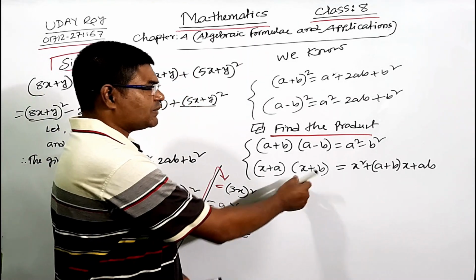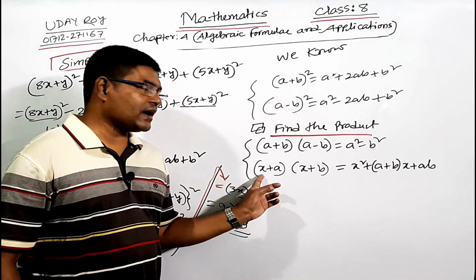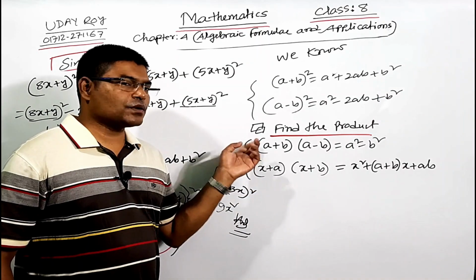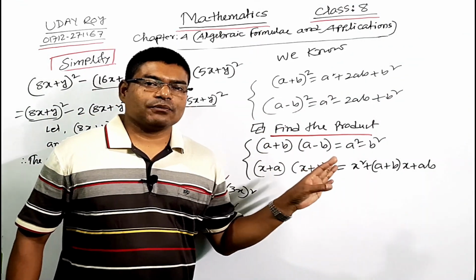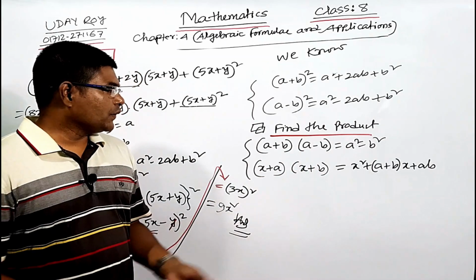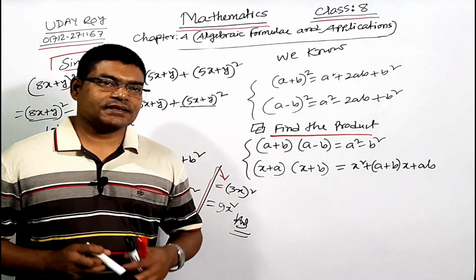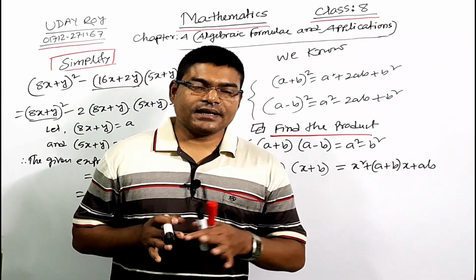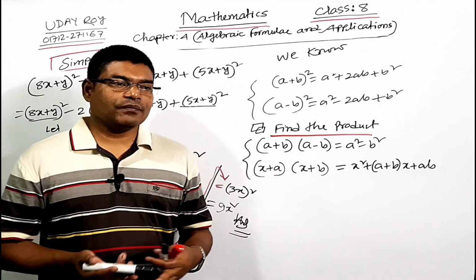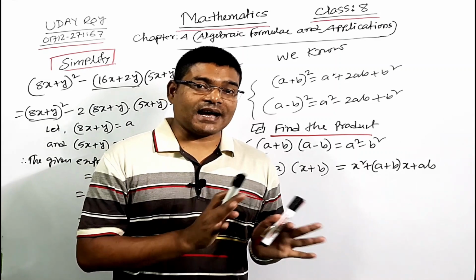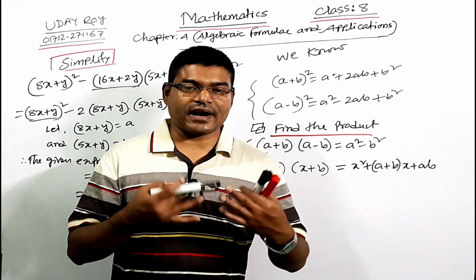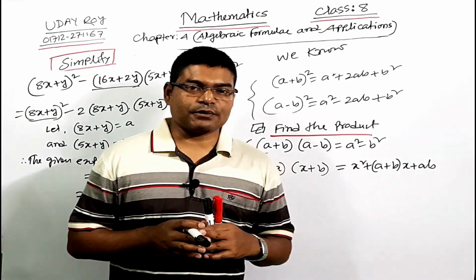It has other rules, but no need. If you memorize only these rules, you can do any maths. So you have to remember x plus a and x plus b. For every maths, if you see a product, you have to convert it into the x plus a and x plus b position. Then you can easily solve the maths.